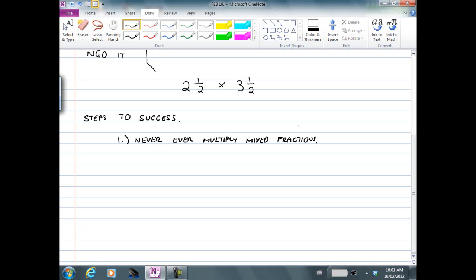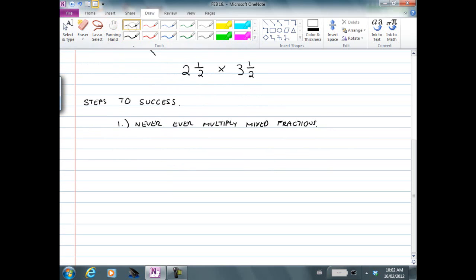When I mean mixed fraction, this means when you have a large number followed by a fraction. That's called a mixed number. So my first step says you can't do it. Never ever do it. A lot of you say, hey, Mr., I'm just going to go 2 times 3. It doesn't work like that.